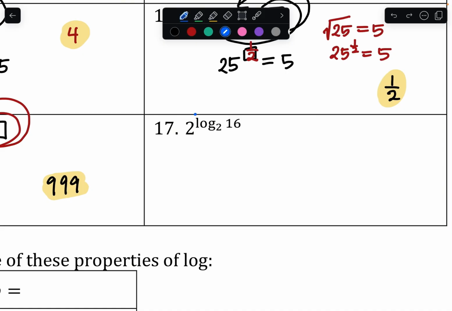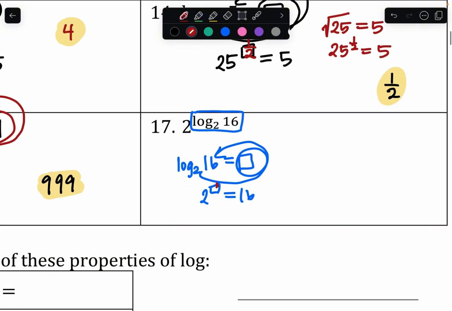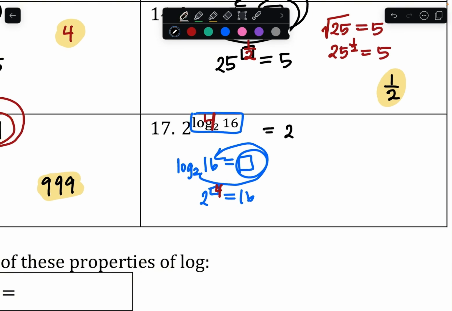Let's figure out what this log base 2 of 16 is. 2 to some power gives me 16, and we know that number would be 4. So I can replace this whole box with a 4, and now my problem turns into 2 to the 4th, which gives me back 16.